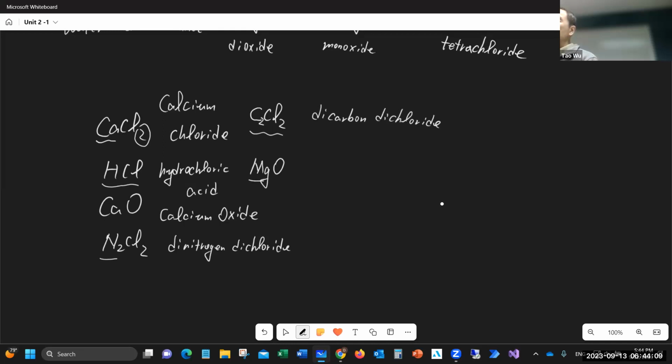And then magnesium and oxygen, metal plus non-metal, so this is ionic. That's just magnesium oxide. You see? Based on the different ionic compounds, you give it a different name, so that's why it can be very confusing.